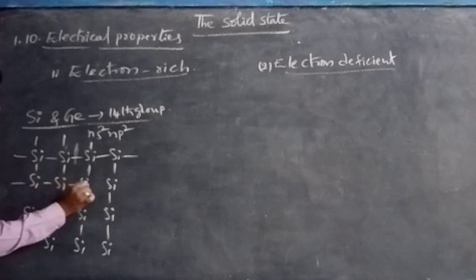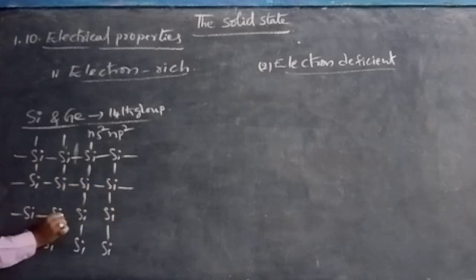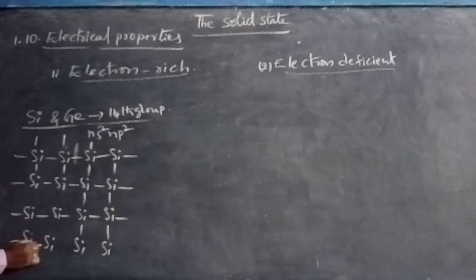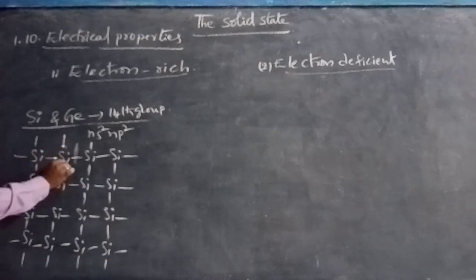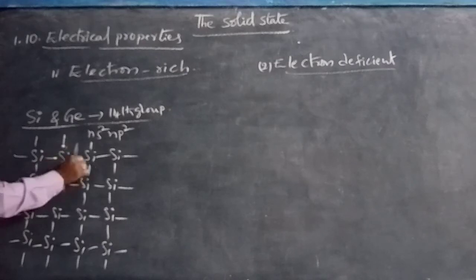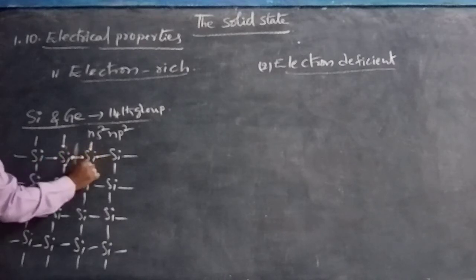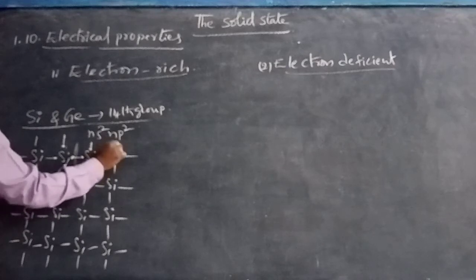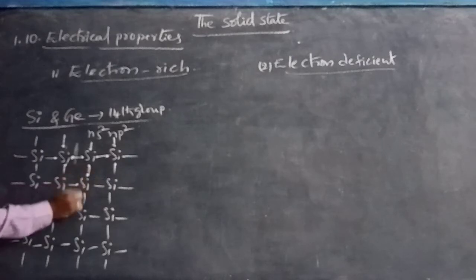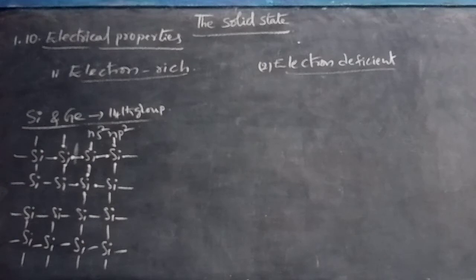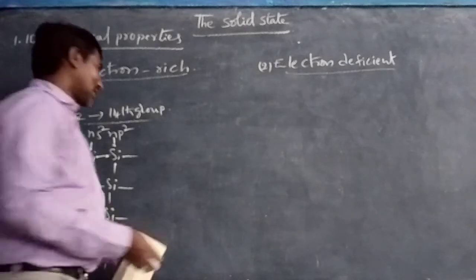Here, observe 1, 2, 3, 4 electrons, and this is 1, 2, 3, 4, like this. All of these are also 1, 2, 3, 4. So there are 4 electrons around the silicon.